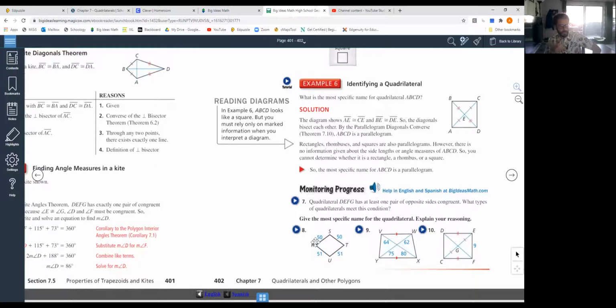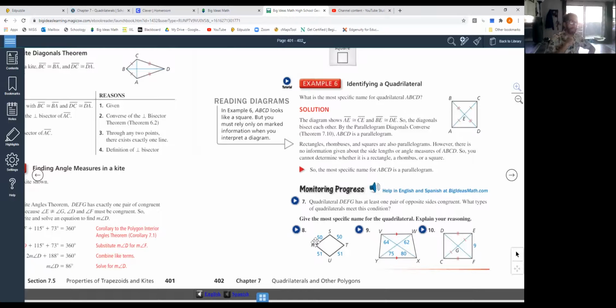EG is equal to CG, EC is split into 2. So 2 congruent sides, not parallel. No information about any of the angles. We don't even know if the diagonals are perpendicular. We know one side's 9. Unfortunately, we just don't know about that other side, or even the 2 congruent sides, and the diagonal split in 2. So in Edpuzzle, what do you know about it?